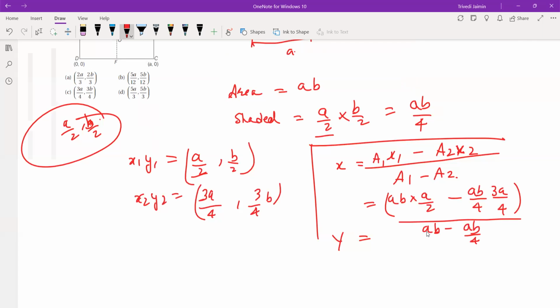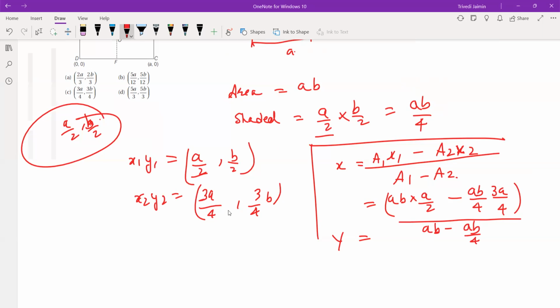So this will give you 3 by 4 AB. And from above we'll get 8 minus 3, and here down 16. 16 and we'll cancel it. We'll get 12 and here 5. So 5A by 12, yes, correct.